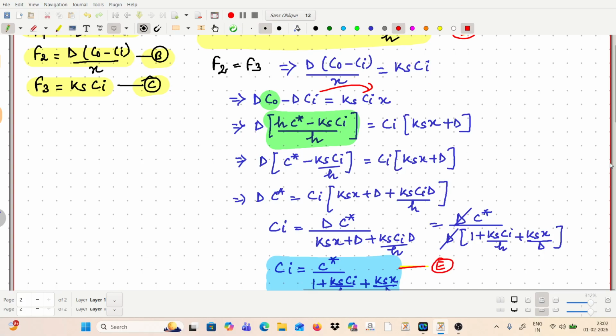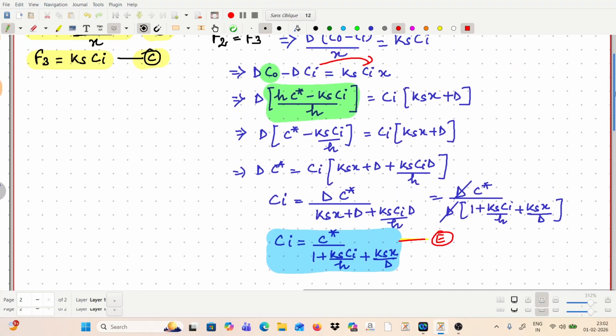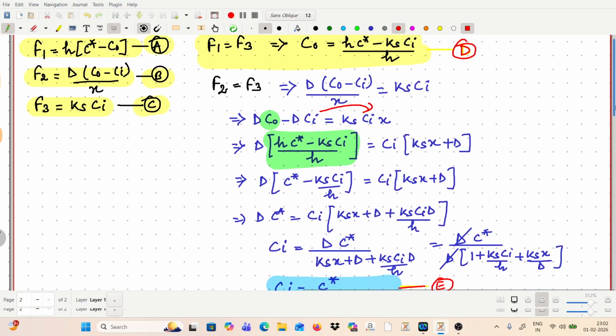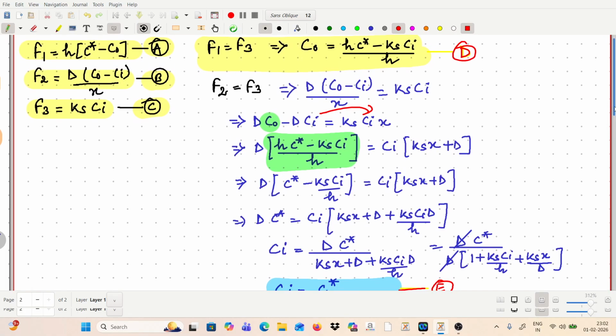So now from here I am just using this formula. If we put the value of, sorry, right first, C naught equals to H C star minus KS CI upon H. So C naught can be found by putting the value of CI.